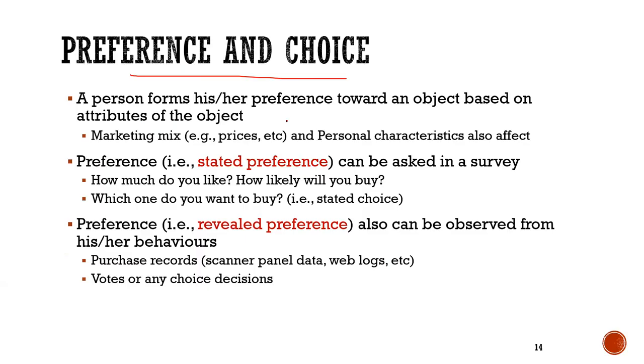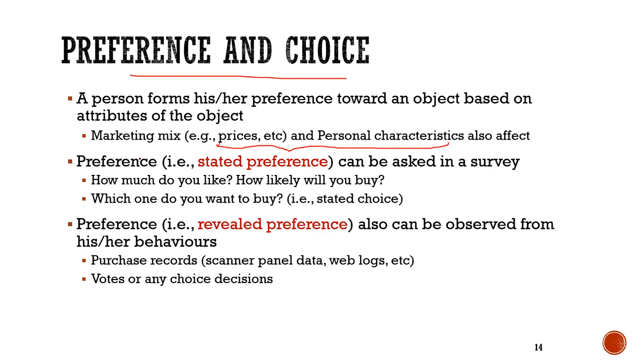For example, if you are giving three options of cars, they will tell you their preference based on the attributes such as the engine type, the country of origin, the fuel type, etc. However, external factors like prices and personal characteristics can also affect the preferences of the consumer.